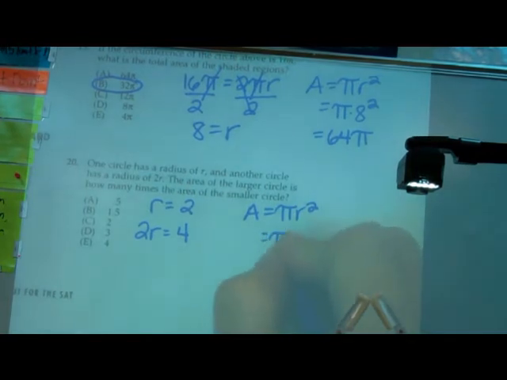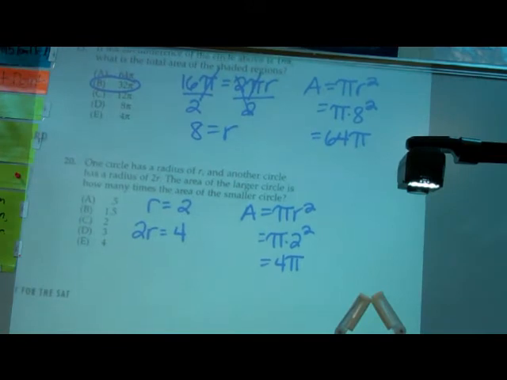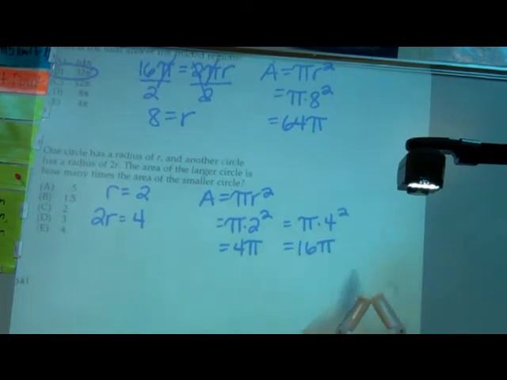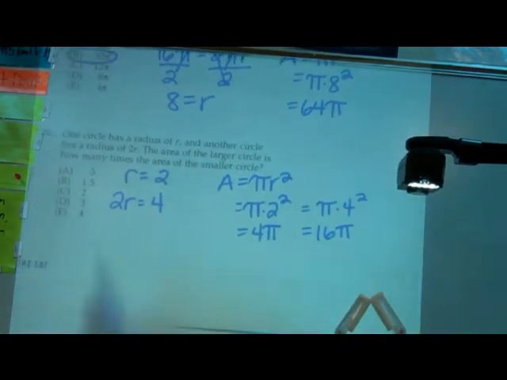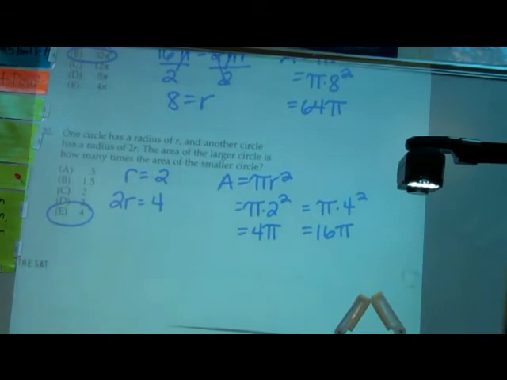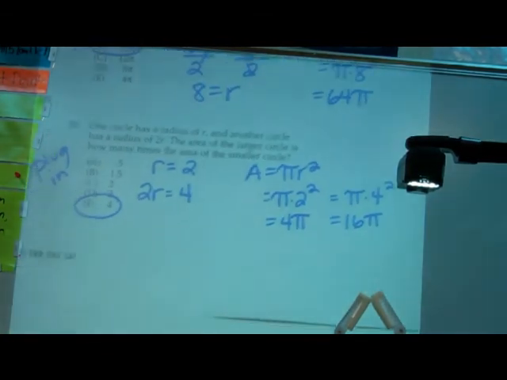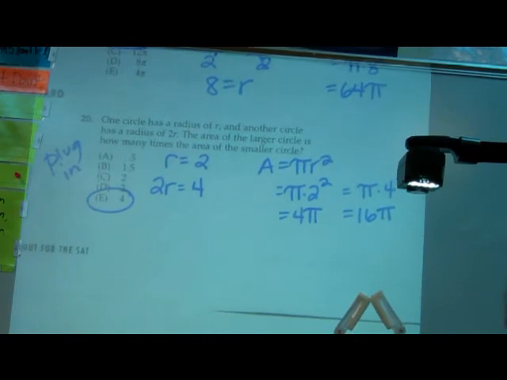Then the smaller circle would have an area of 4 pi, while the larger circle would have an area of 16 pi. So how many times larger is it? 4 times larger. Plugging in is always a good strategy to use on problems like that. So try to use it whenever you can.